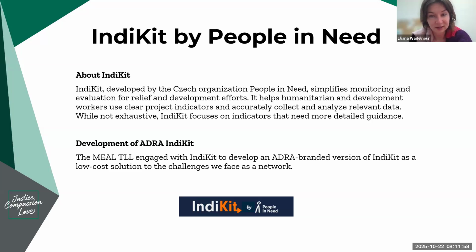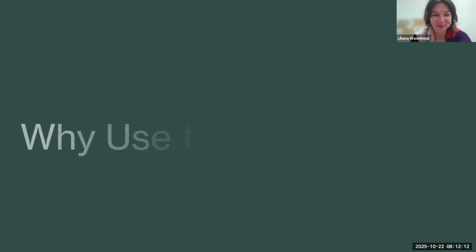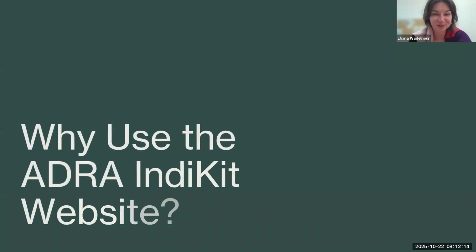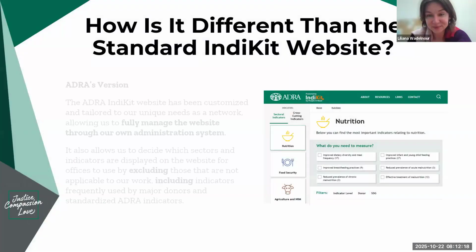Our MIL Technical Learning Lab partnered with People in Need to develop a customized ADRA-branded version, designed specifically for our network's needs. It is a cost-effective and scalable solution to the challenges we just discussed. And now I'll move on to our biggest question: why shall we start using this website?